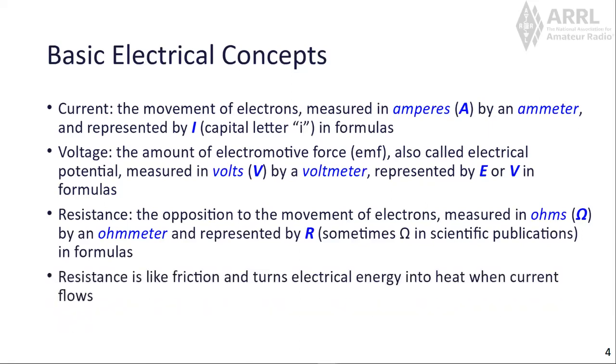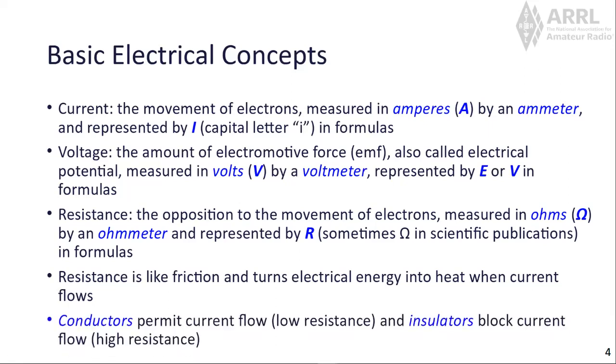Resistance is like friction, and it turns electrical energy into heat when current flows. Conductors permit current to flow, low resistance, and insulators block current flow, considered high resistance.